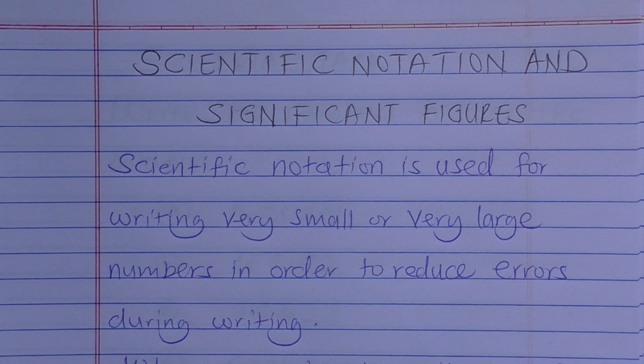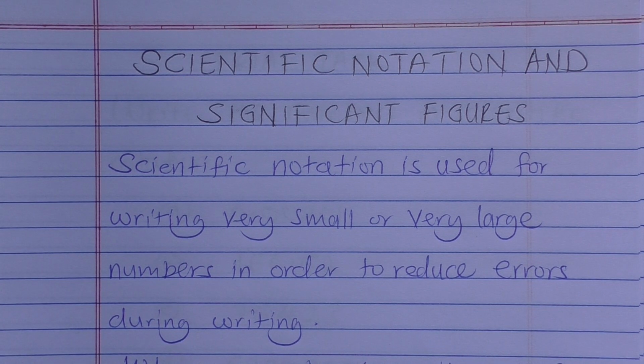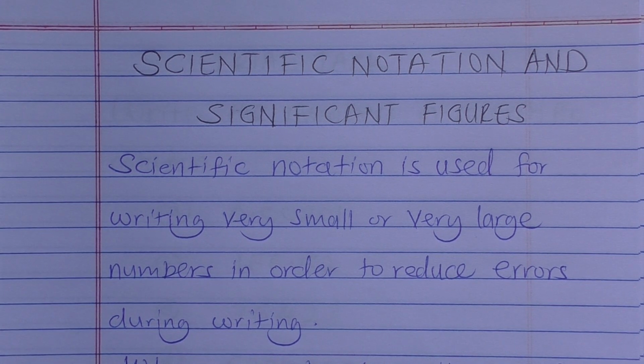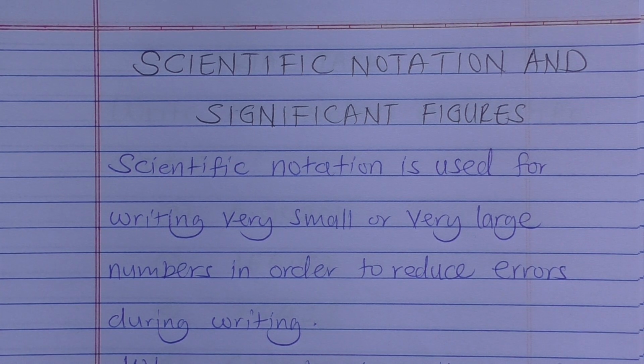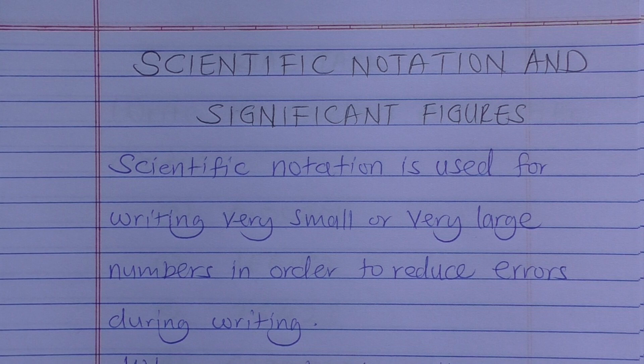When writing a very small or very large figure, it is easy to skip out some of the figures since the number is very big. So to curb that problem, we introduce the use of scientific notation.